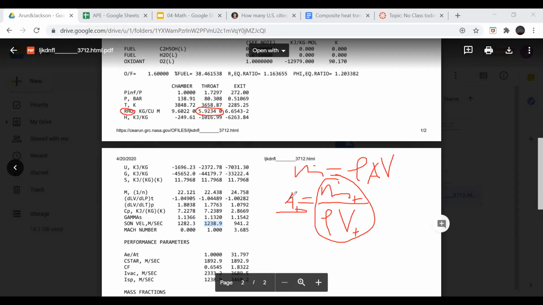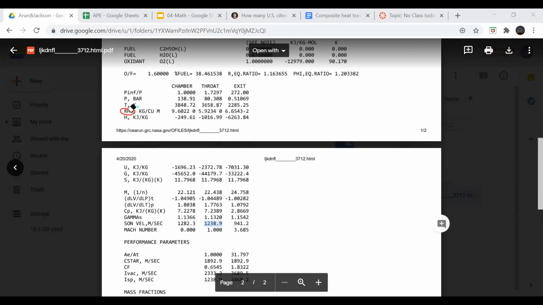Once you've found your throat area, it's really easy to find your exit and inlet areas. Also, I just realized we're talking about inlet, throat, exit, all of this stuff. Basically, if you have your rocket engine, and here's the combustion chamber, and this is a cross section of it.